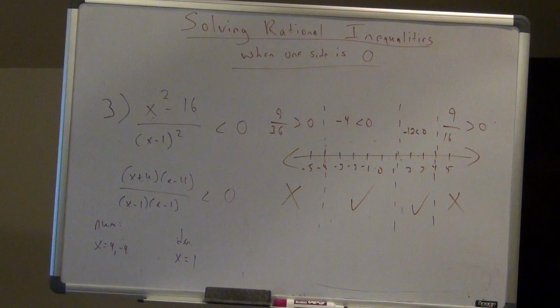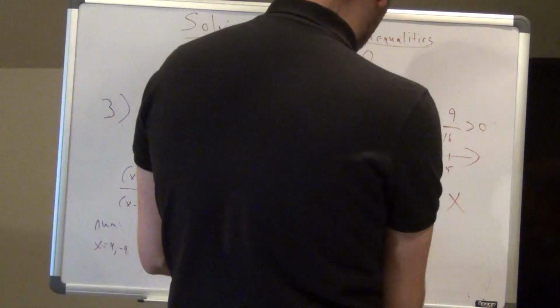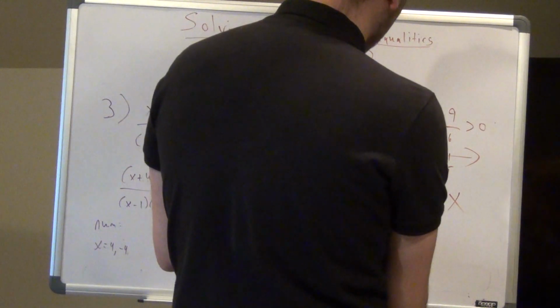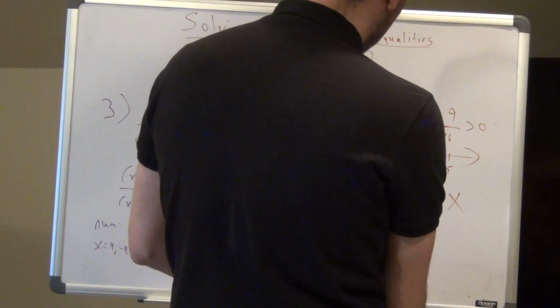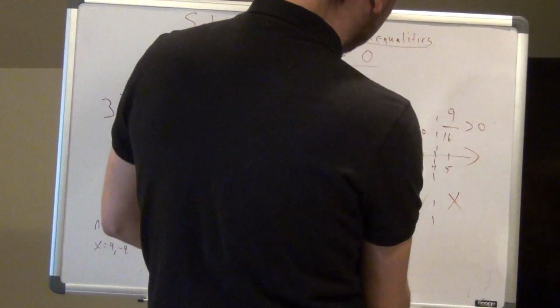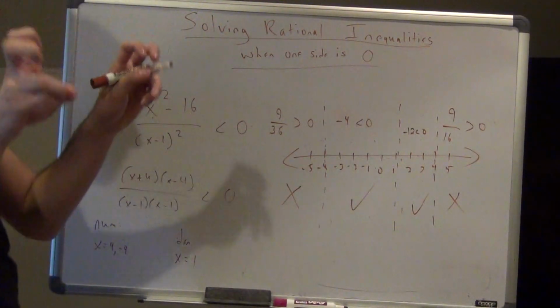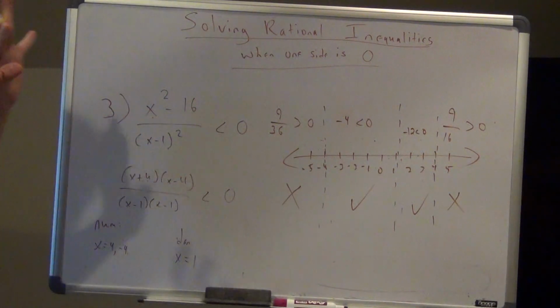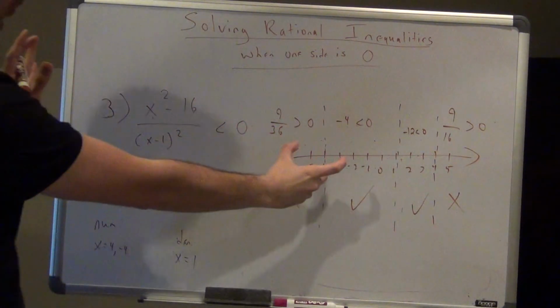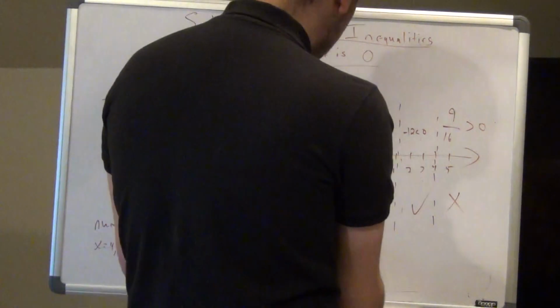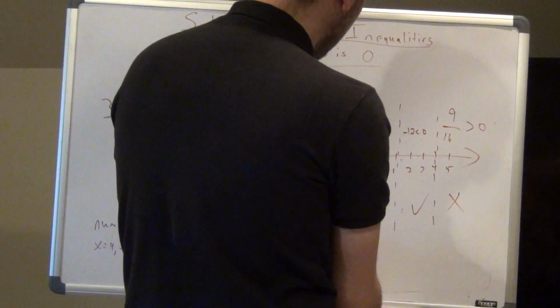So what my answer here is going to be is, we can't equal 1, so we have to separate it out into two inequalities. Since 1 is not a part of my solution set, I would split this out into two inequalities with 1 being the break point.